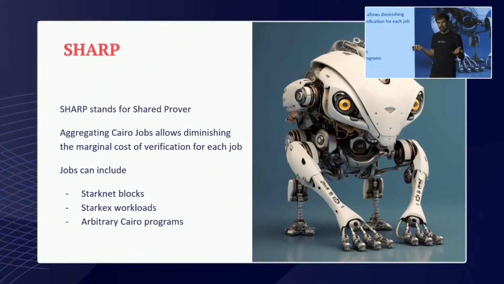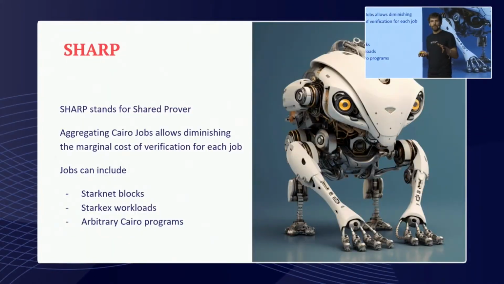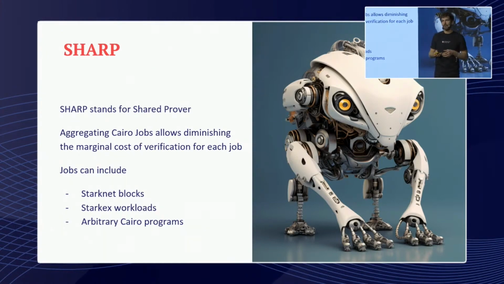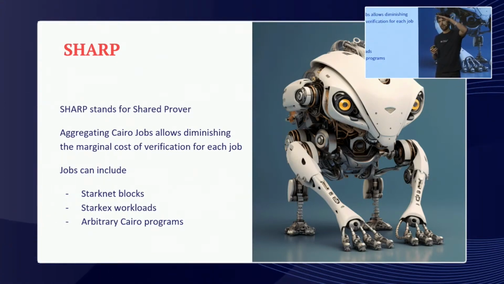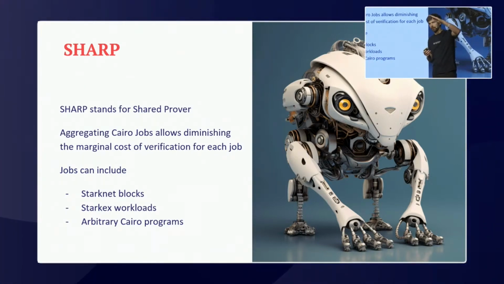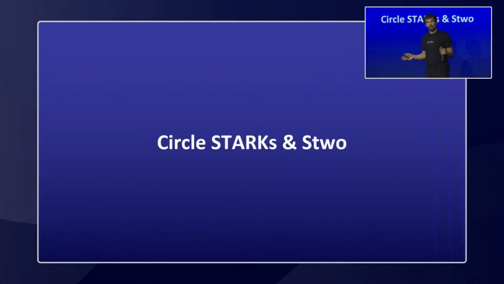SHARP is dependent on Stone, but it could be used with another prover. So of those three, there's Cairo, Stone, and SHARP. Here we're really talking about the prover, the one in the middle. Okay, so now let's talk really about Stwo and Circle STARKs.